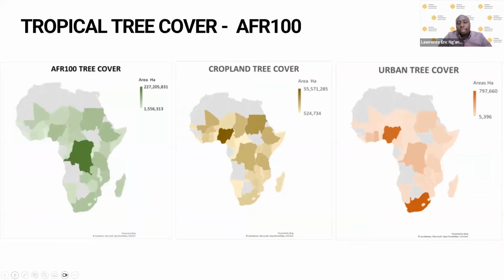Using TTC data, we have been able to at least report on the tree cover at the AFR100 level. And you can see from these graphics the overall tree cover within the 34 AFR100 countries, and then the tree cover across the different land use land cover classes, for instance tree cover within croplands and tree cover within urban areas. And you can see the different dynamics across all these countries.